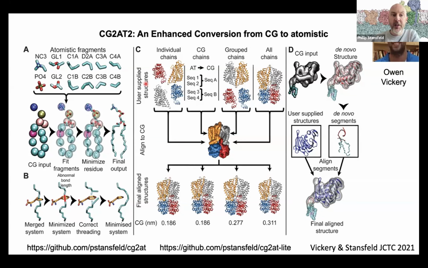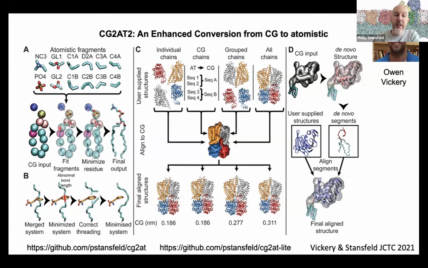And so many years ago, I developed a method called CG2AT, which took fragments of lipids and glued them back together to then allow you to go from this coarse grain representation shown in spheres, then back to a full atomic level detail. And so Owen Vickery, who was a postdoc in my group, was able to develop an improved version of CG2AT, which really refactored it so it was then in Python 3.